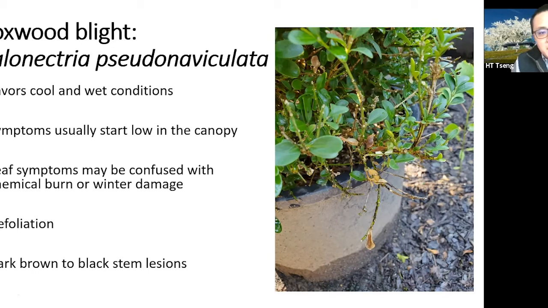Sometimes leaf symptoms may be confused with chemical burn or winter damage, but again, the defoliation occurs quite rapidly. So what I typically look for is the dark brown to black stem lesions on the lower part of the plant. That's a typical symptom of boxwood blight.